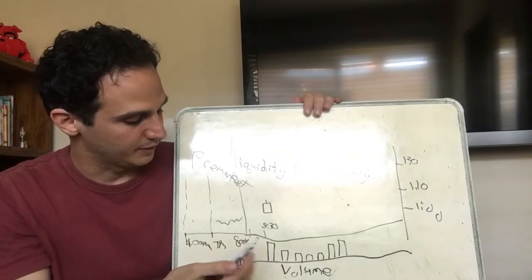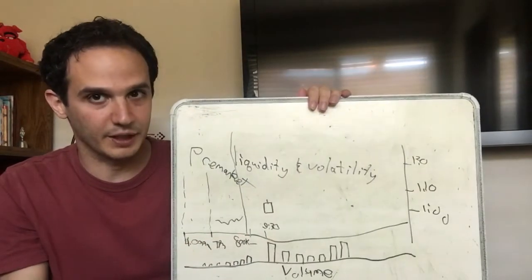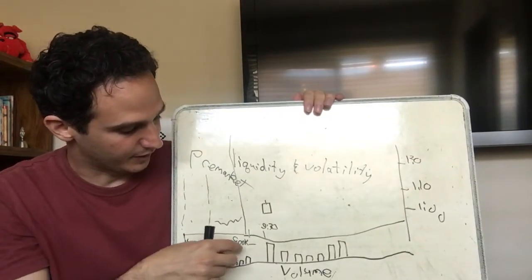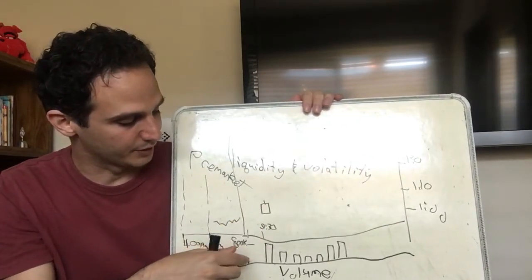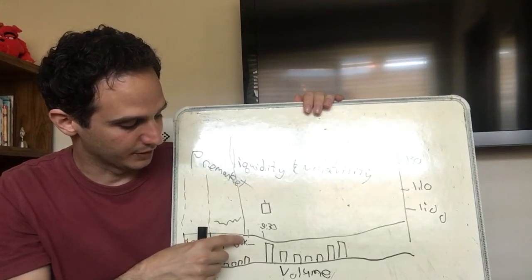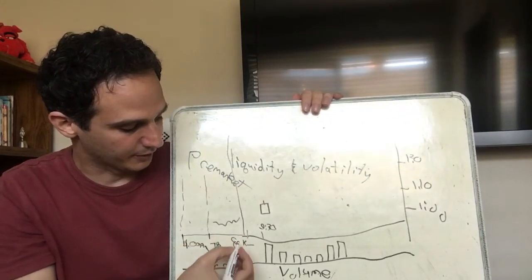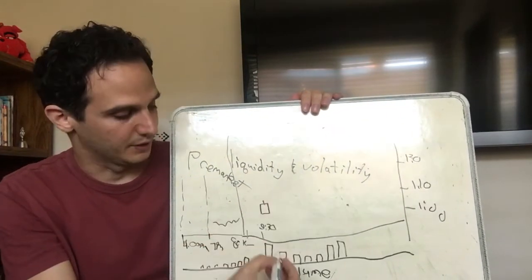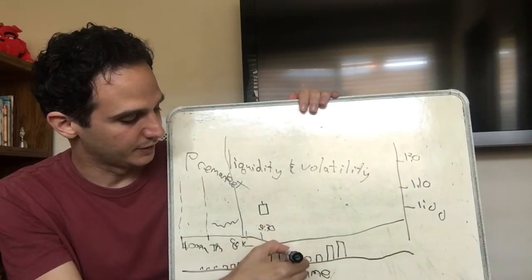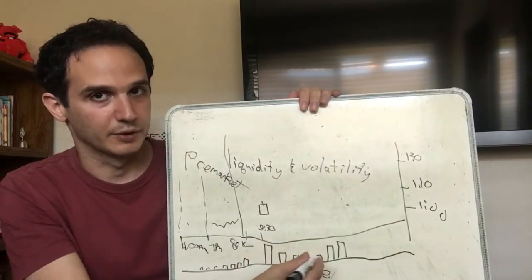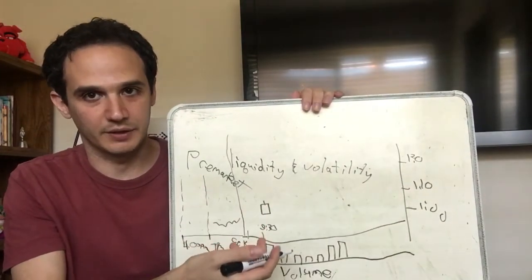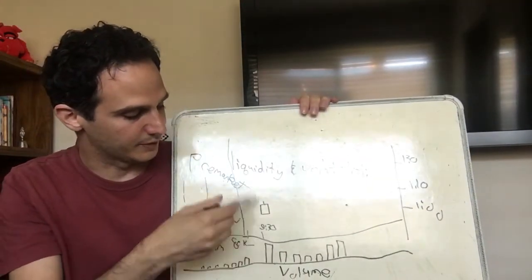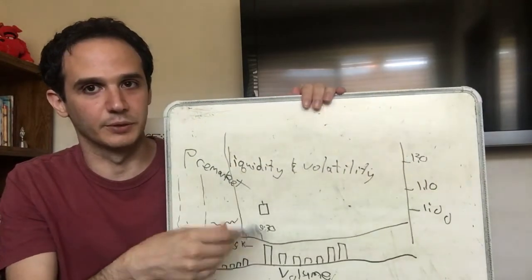On the other hand, if instead of 800K volume here at market open, this was only 80K volume, and these candles here would be under 80K, then the guy who wants to buy 10,000 shares, this isn't really as liquid.